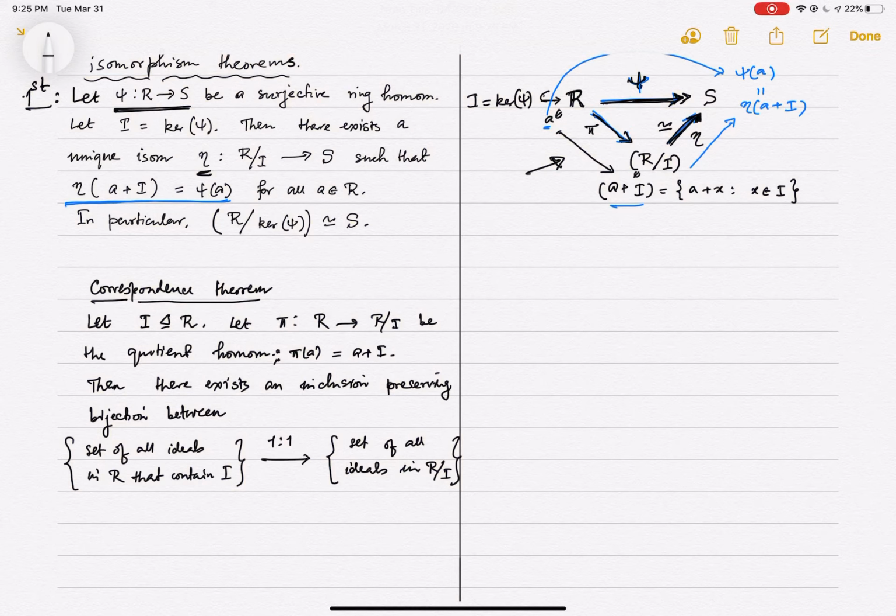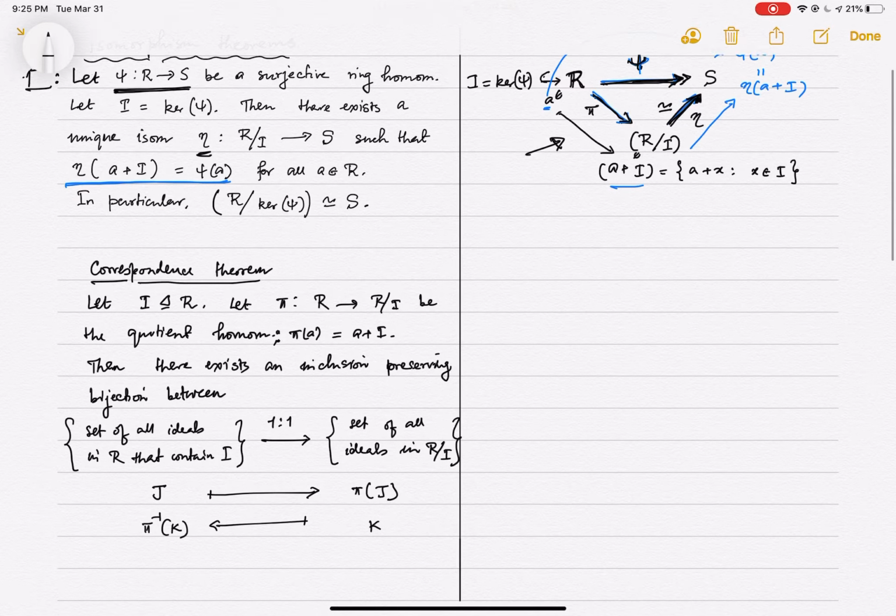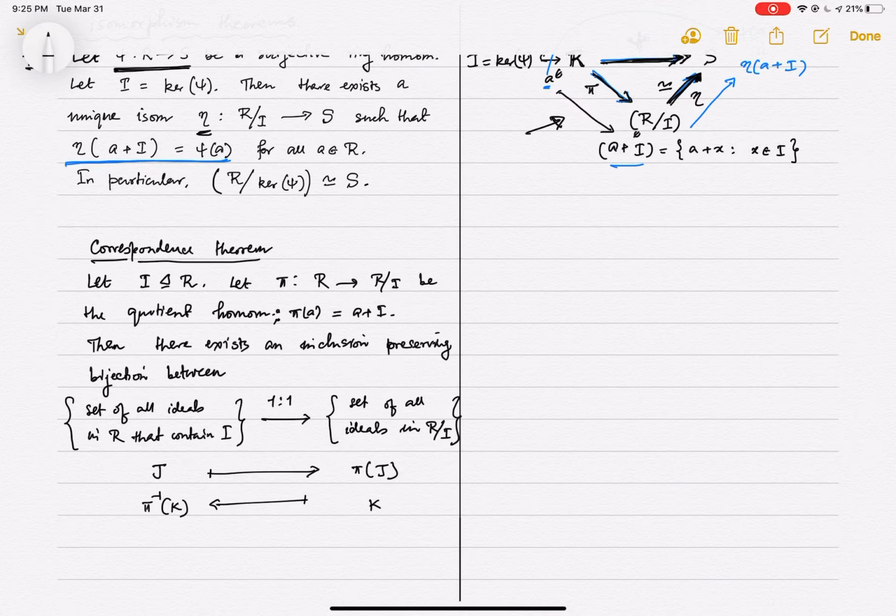If you give me an ideal J in R that contains I, you just simply send it to its image under the quotient map, and that would be an ideal in R mod I. And if you give me an ideal K in R mod I, then you send it back to its pre-image, pi inverse of K, under the quotient map. So all the things in R that map into K under the map pi. And this sets up a bijection between this set and that set.